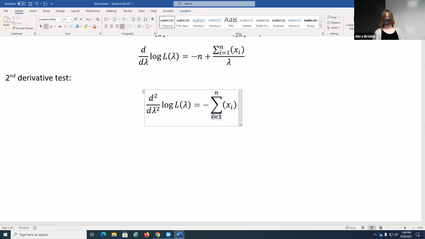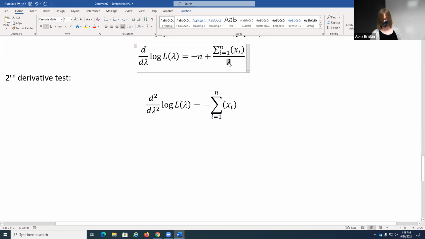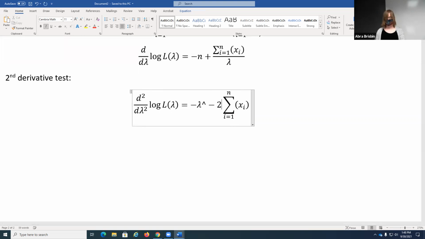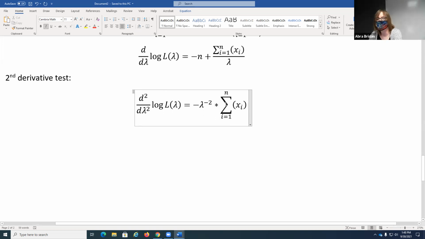negative lambda to the negative 2 times its constant. So then, depending on the problem, we might need to plug in our estimate for lambda.